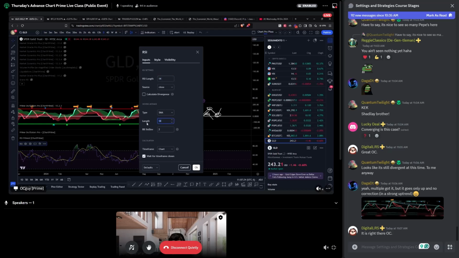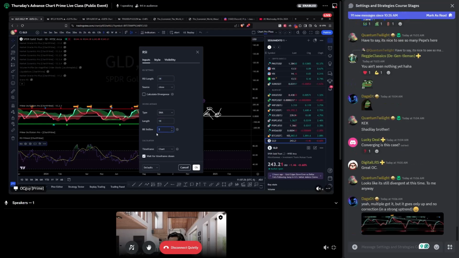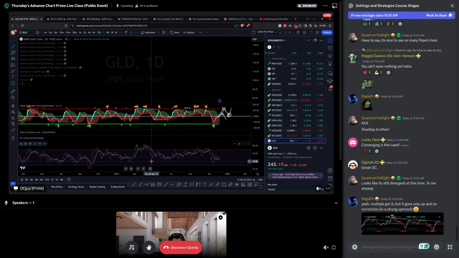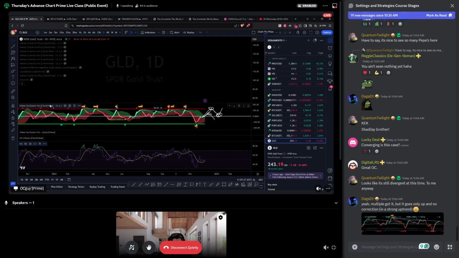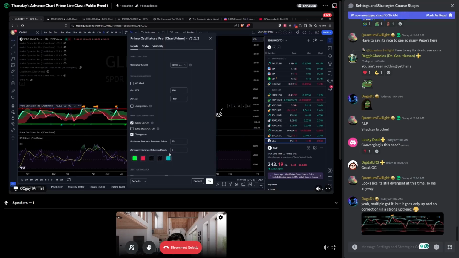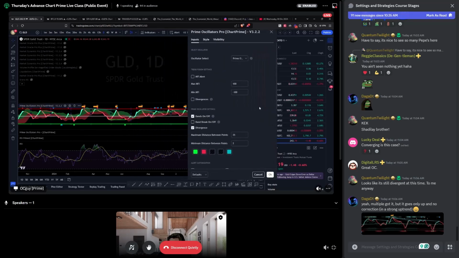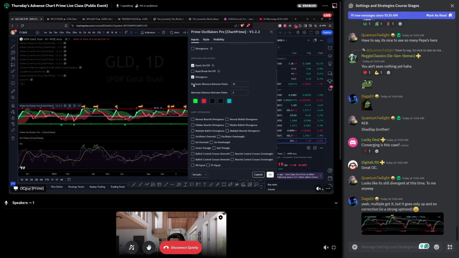Again, I'm not going to be teaching this because it is taught in other classes, right? But let's just say that you are finding a couple of areas of divergences here. What you do is you go to your Prime Oscillator Pro, and then you go to max distance between points.